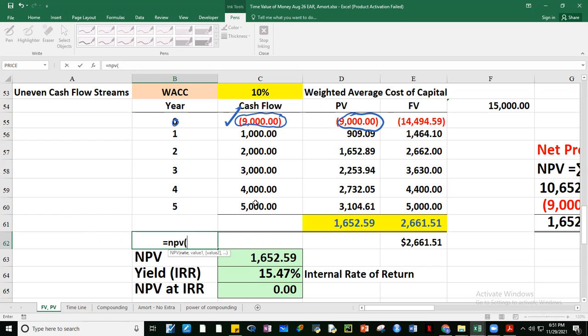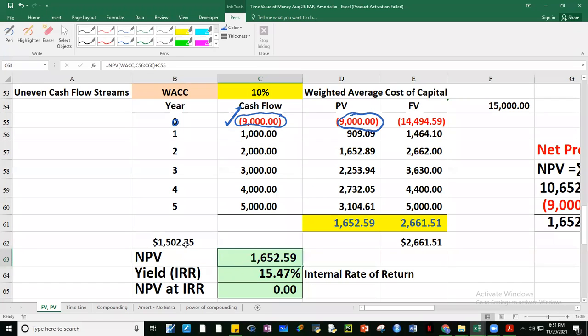Because if we include, pasok natin WACC, no? If we include this one, yung unang value natin, okay, isasama ko si 9,000, as far as we're concerned, hindi future yan, no? It will happen exactly now. No? Okay, so if we do that, ano mangyayari? 1,502.